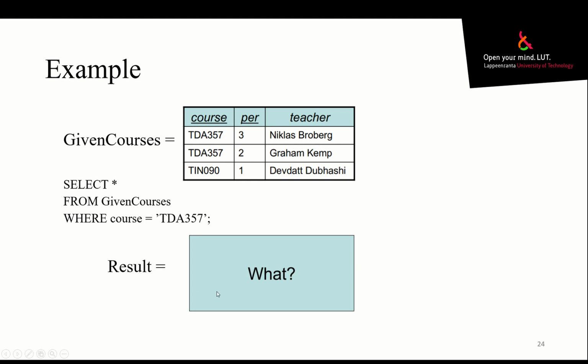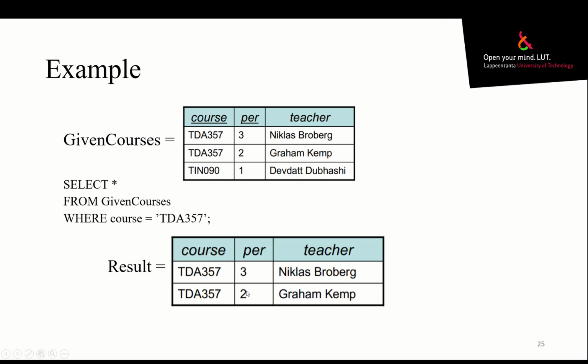If I should ask you the result, I believe with all the explanation you should be able to answer that. So the result would be in this form, where the whole rows where the course code equals this are presented in the result.